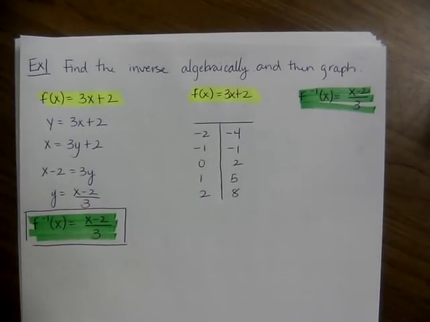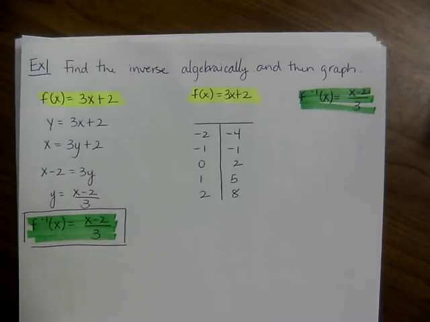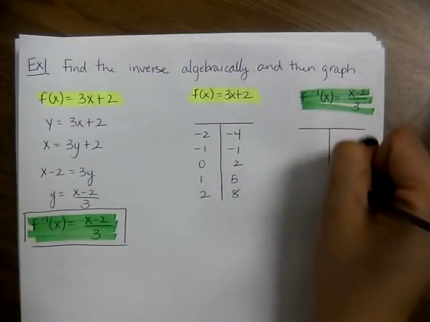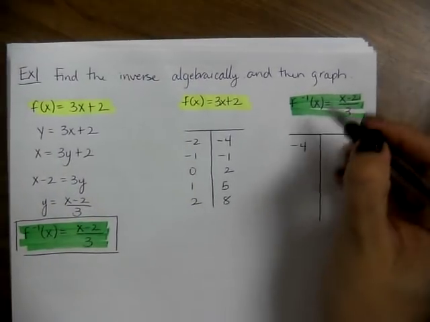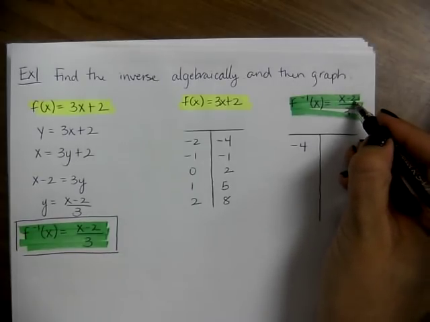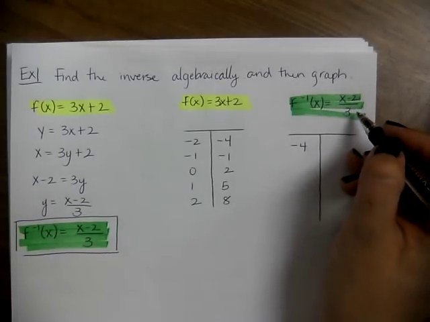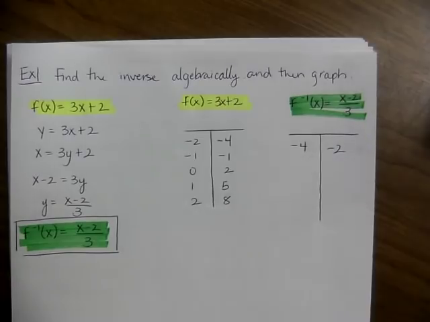Okay, now let's make a table for the inverse of f of x. I'm going to give us some values arbitrarily. So let's say we plug in a -4. Then I have -4 minus 2, which is -6, divided by 3 gives me -2.